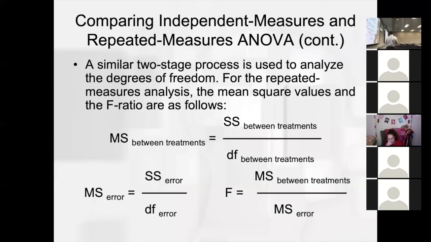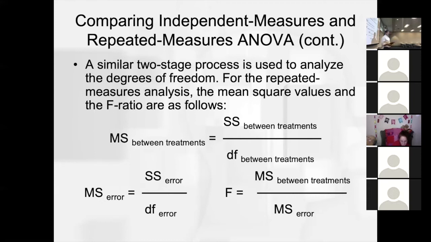And so to get those mean squares, it's actually identical to what we did on Monday, or what we've been doing all semester of getting that variance, which is just the sum of squares of interest divided by the degrees of freedom of interest, right? So to get the mean squares between treatments, we take the sum of squares between treatments and divide it by the degrees of freedom between treatments.